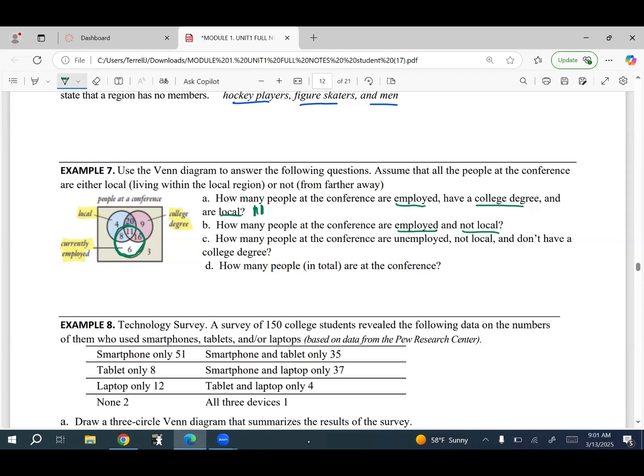So you see this local circle. I don't want this piece because it overlaps with local. We want not local. So that means 6 and 16. They have to be in the employed circle, but not local. So 6 plus 16 is 22.